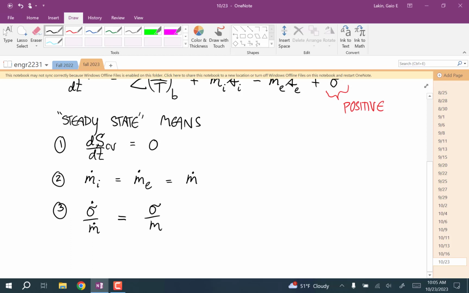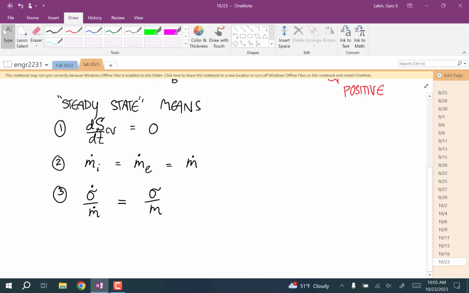So these two things are interchangeable. If you think about it, if those rates aren't changing, then this is just a fixed amount over time. It's proportional to the fixed amount of mass flowing through over time. So it makes sense that you can just exchange one with the other.